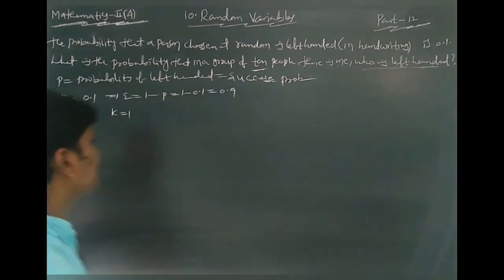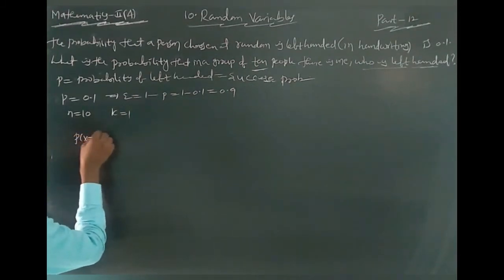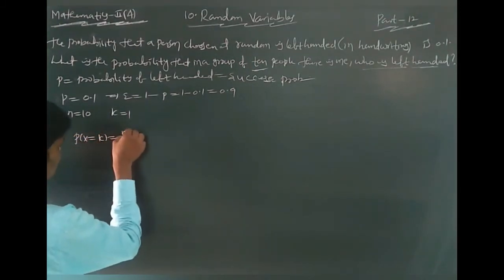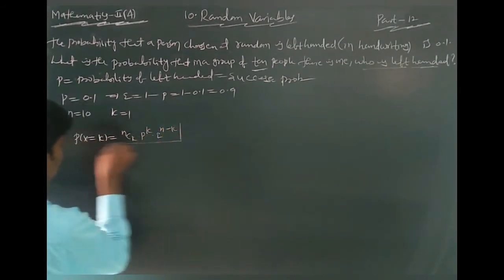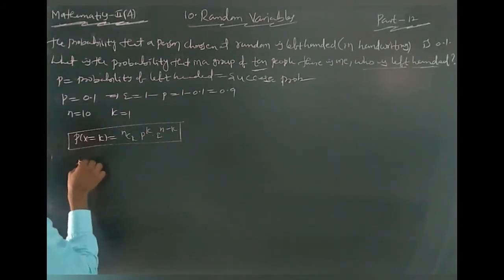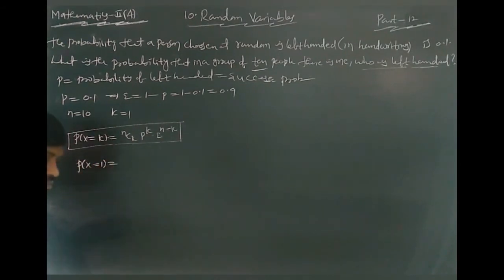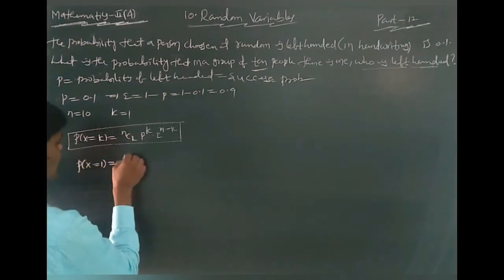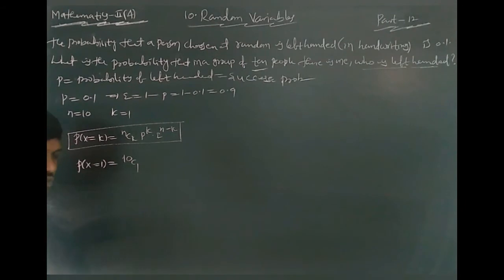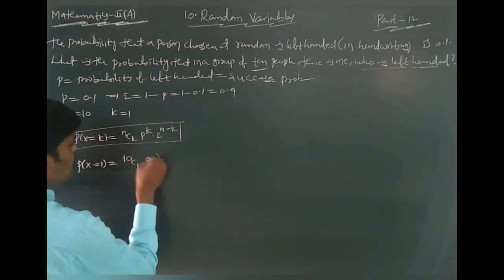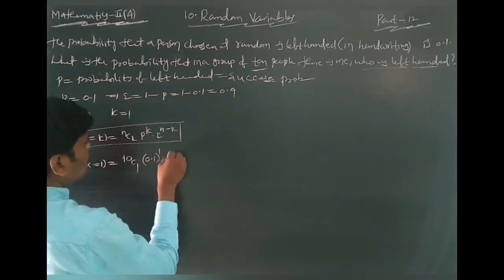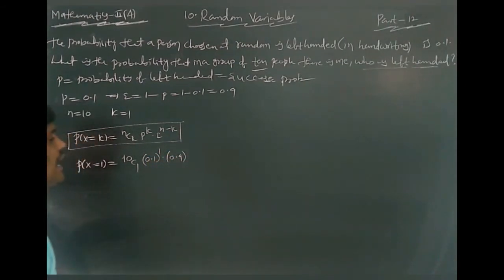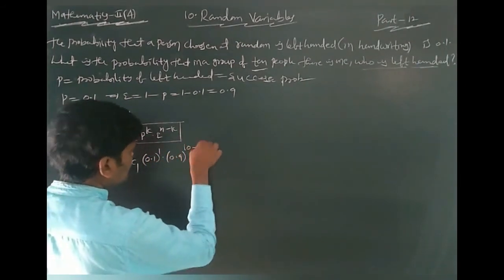Understood? After that, P of X equal to k. The formula is nCk p power k q power n minus k. In this formula, find P of X equal to 1. Here n is 10, C, k value is 1, p power k is 0.1 power 1, q is 0.9 power n minus k, that is 10 minus 1.